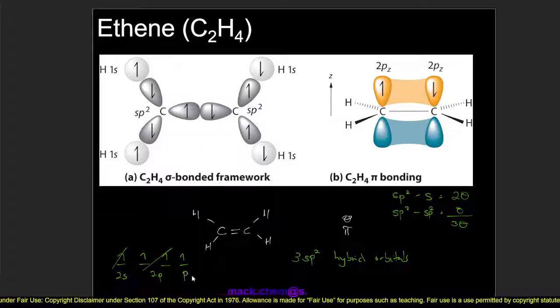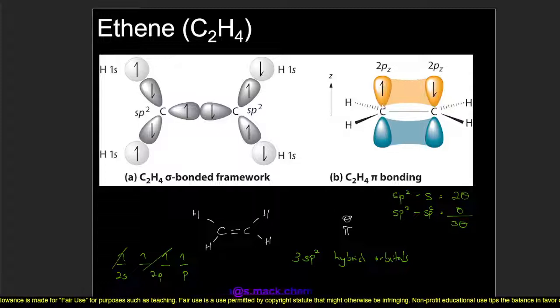And this leaves behind 1 pure p atomic orbital. In diagram 2, this pure p atomic orbital exists at right angles to the plane of the carbon atoms. So we see an atomic orbital which is above and below the plane or the sigma framework.